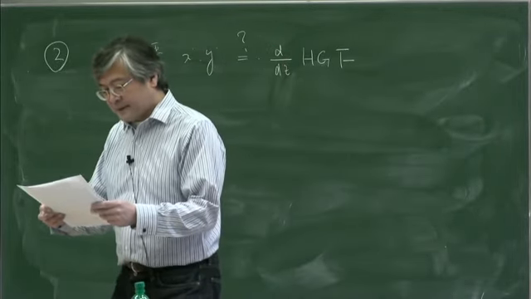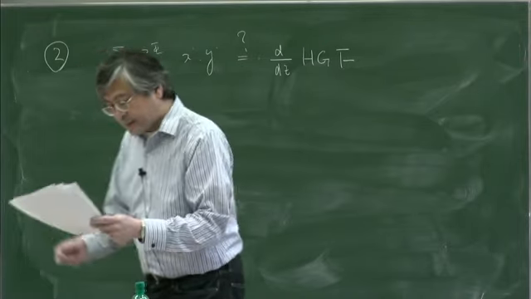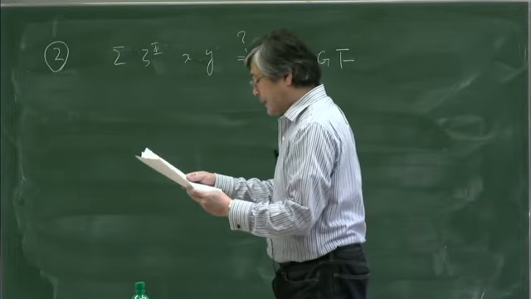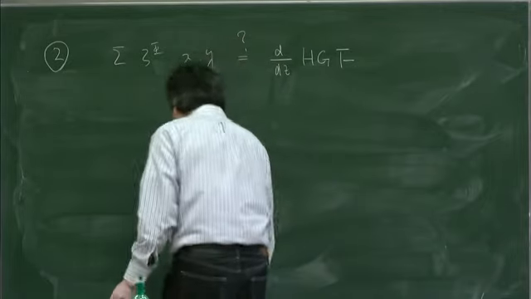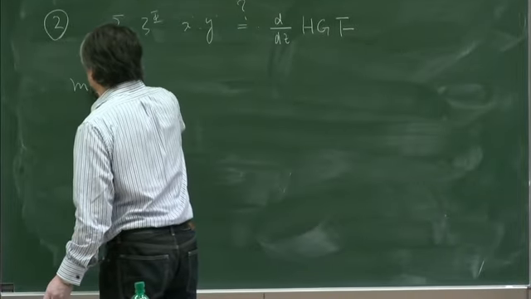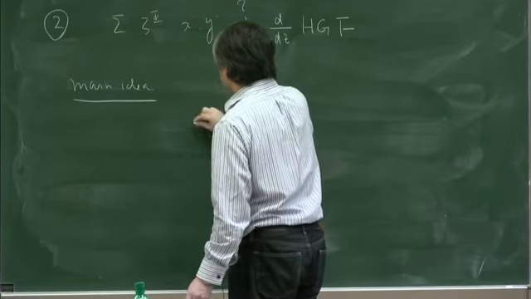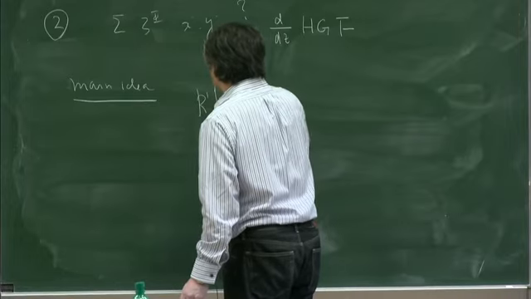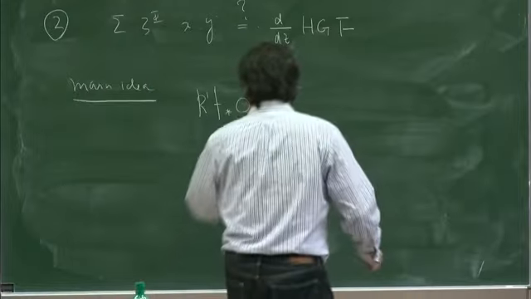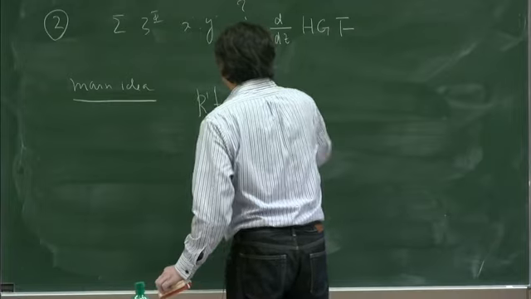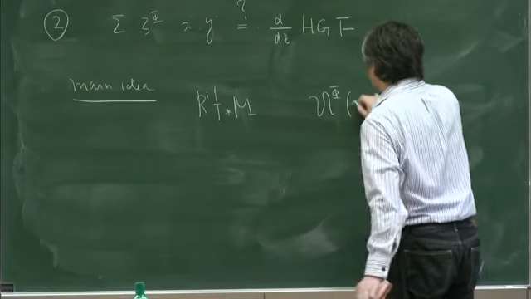This second part is very difficult to explain, so I want to skip, but the main idea is like this. If you have, say, R1 f lower star M, then we know that this is a U phi M04 module.